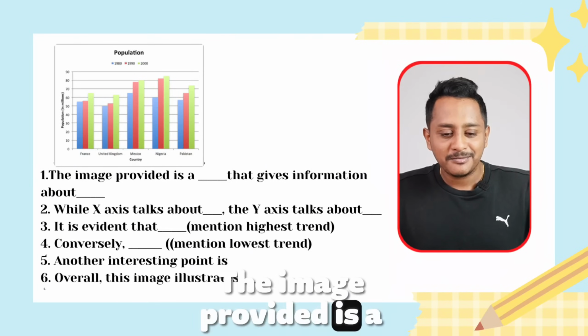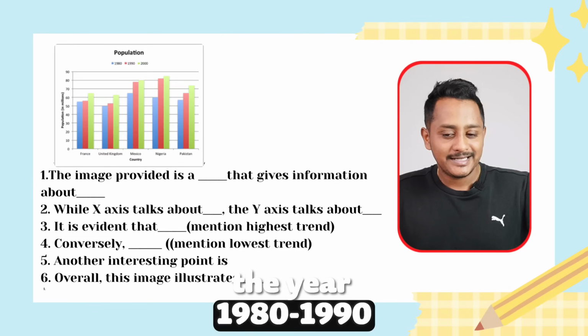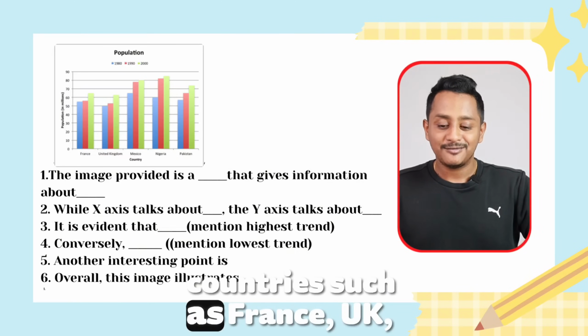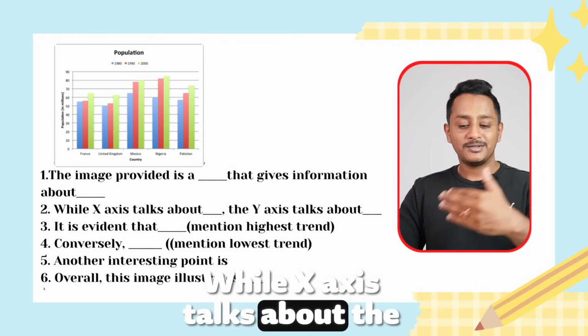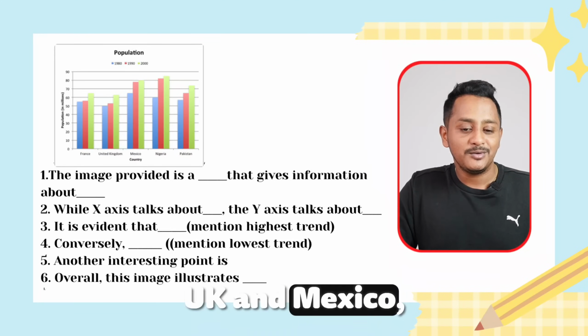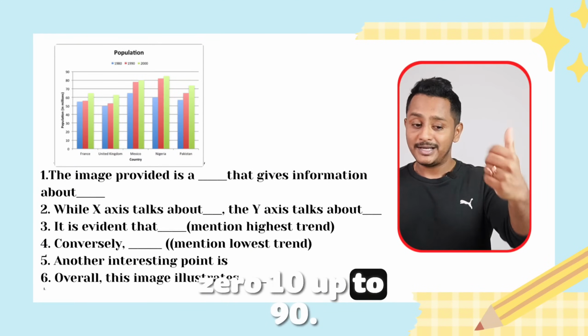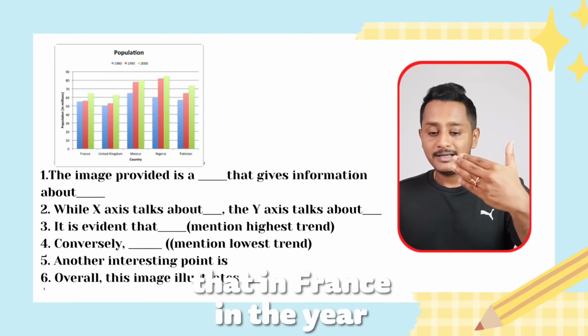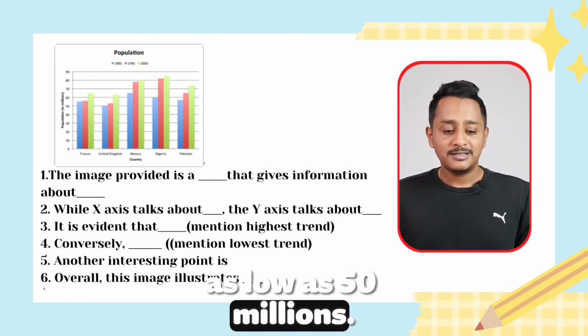The image provided is a bar graph that gives information about population in the year 1980, 1990 and 2000 across countries such as France, UK, Mexico, Nigeria and Pakistan. While the x-axis talks about the countries such as France, UK and Mexico, the y-axis talks about the population in millions from 0, 10 up till 90. It is evident that in France in the year 1980, the population was as low as 50 millions.